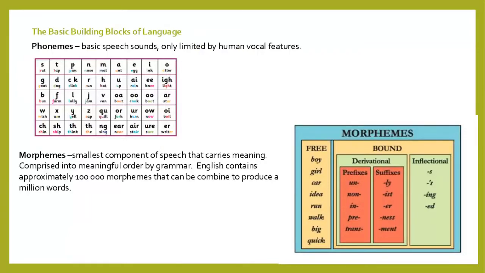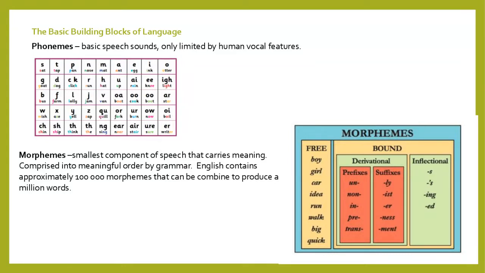So within language, it's speech. There are building blocks in language. And I think if anybody ever tries to do one of those TEFL courses teaching English in a foreign language, it really takes you deep into these ideas. Your phonemes are your basic sounds, which are limited only by your human vocal features.